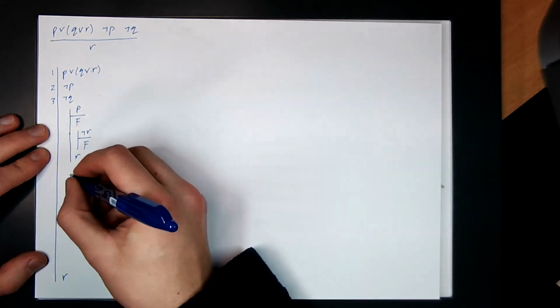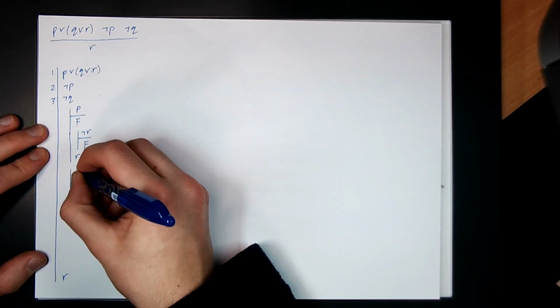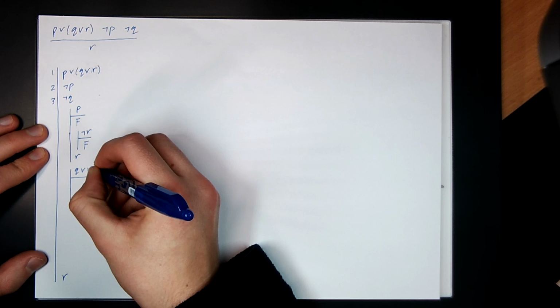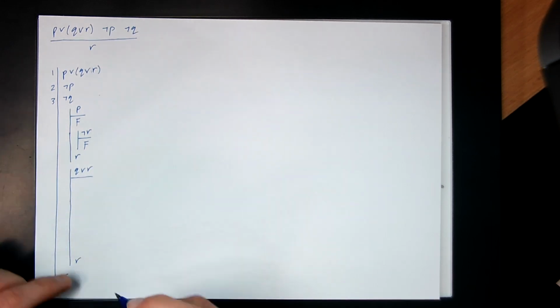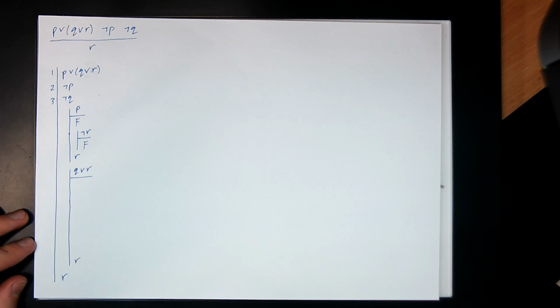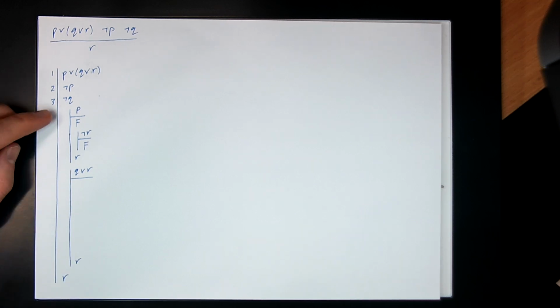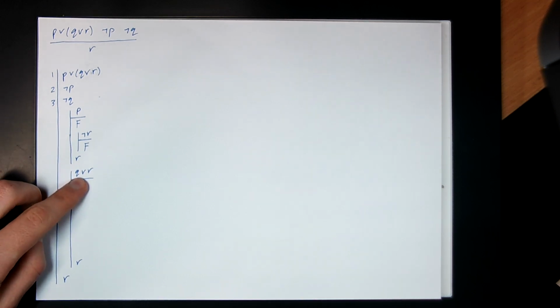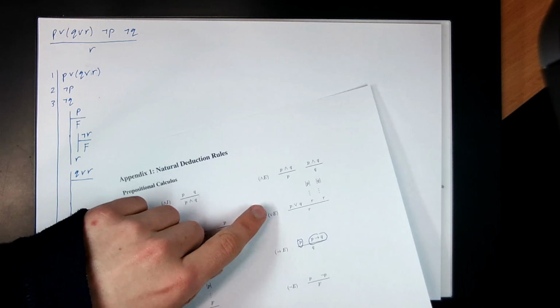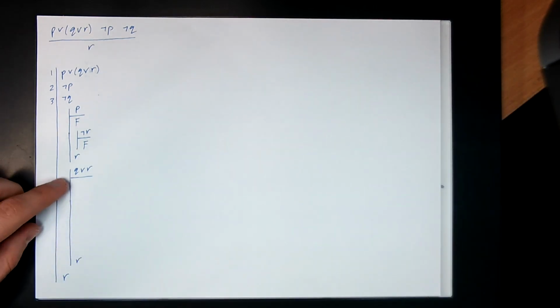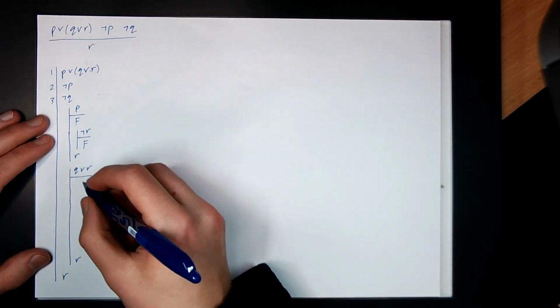Now I've got to assume Q or R, and somehow, I don't know how yet, get to R. Alright, what have I got? Well, this itself is another OR, and the only way I can break up an OR is by using OR elimination. So we're going to do OR elimination again.